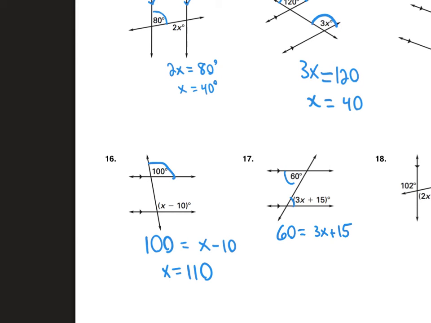The first thing I'm going to do is subtract 15 from both sides. So 60 minus 15 is 45. And dividing both sides by 3, I get x equals 15. So you substitute 15 back into that equation. 3 times 15 is 45. 45 plus 15 is 60.